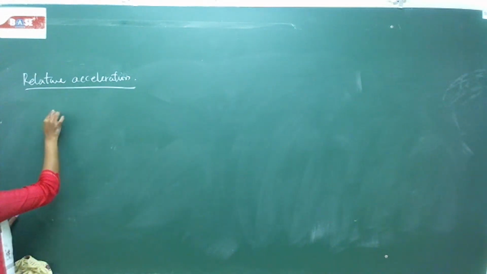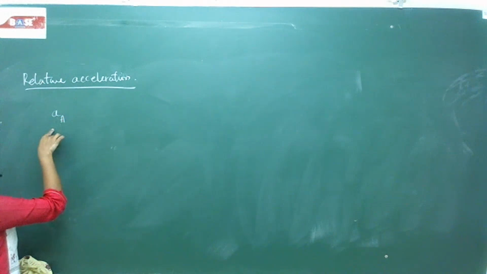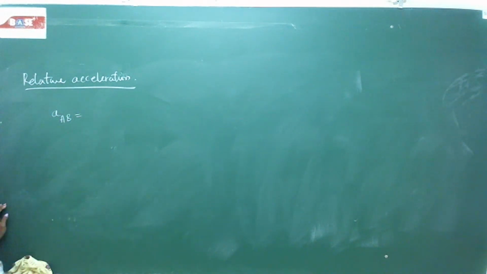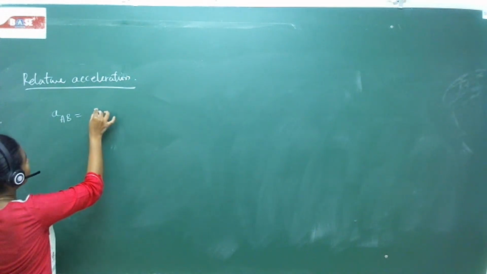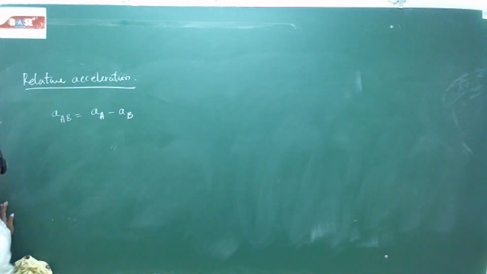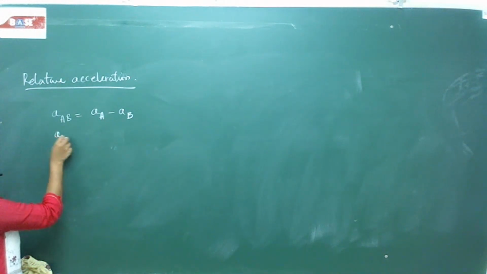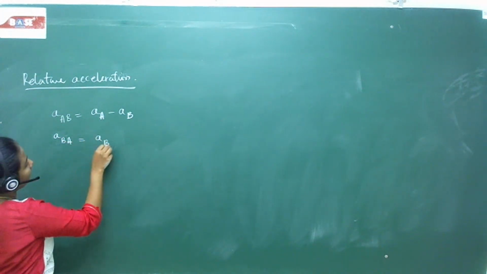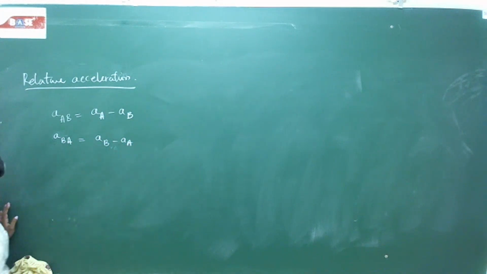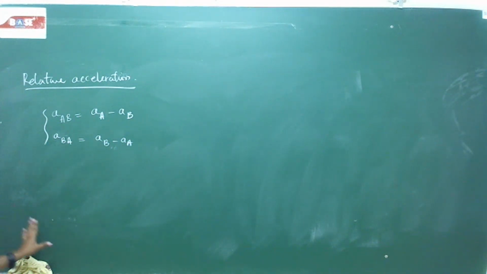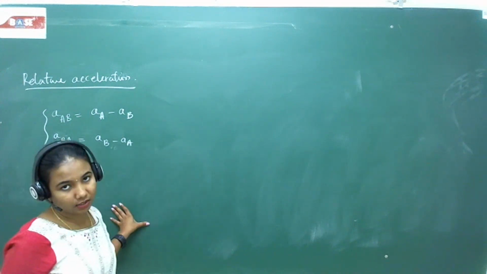Now here, if you want to find the acceleration of A with respect to B, we will write it as acceleration of A minus acceleration of B. Similarly, if you want to find the acceleration of B with respect to A, we will write it as AB minus AA.